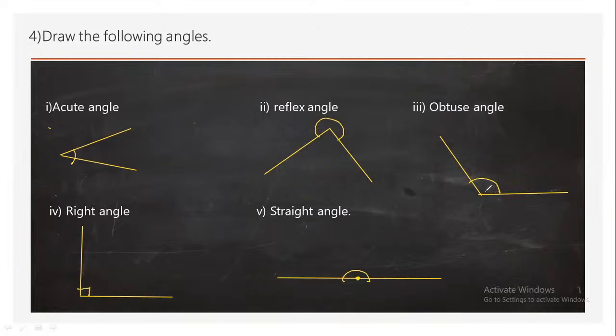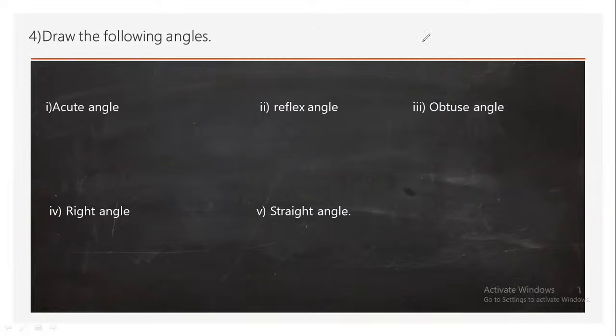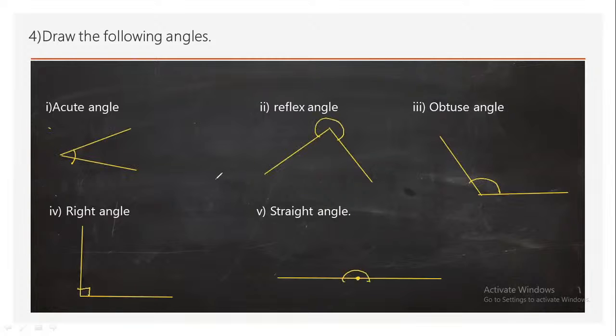Obtuse means angle is greater than 90 degrees. Right, if you want, you can draw this. Now let's go to the next question.